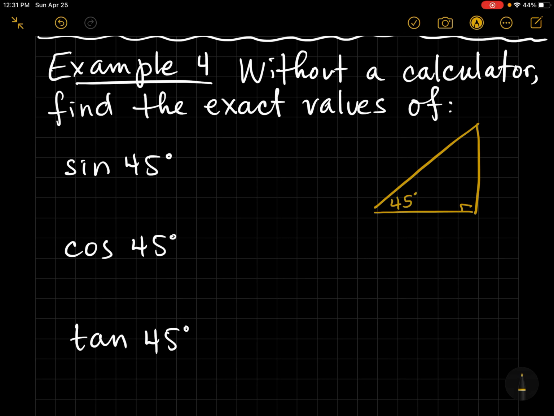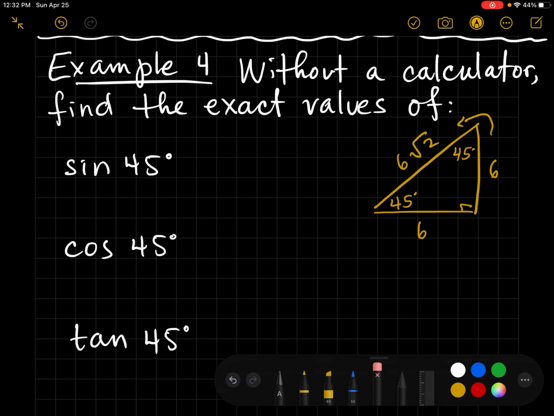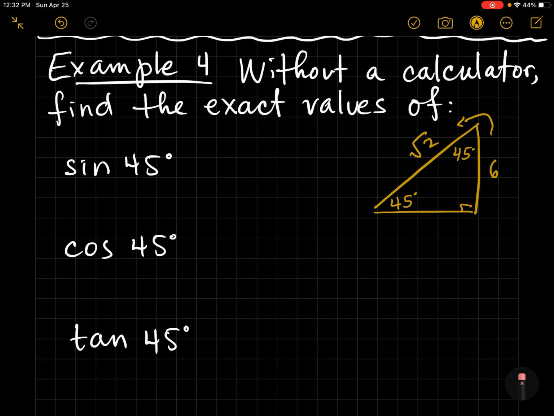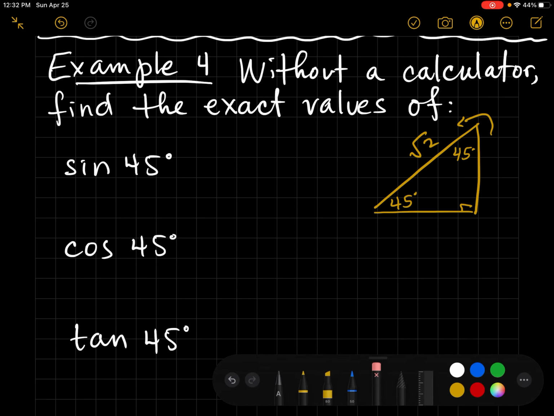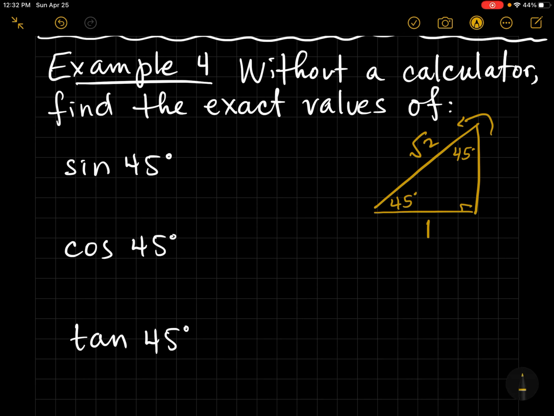So for a 45, 45, 90 triangle, I can choose 6, 6, 6 radical 2, because remember you just multiply the leg by radical 2. But then I would have to reduce, so of course I would choose something I'm not going to have to reduce, which would be 1, 1, and 1 radical 2.